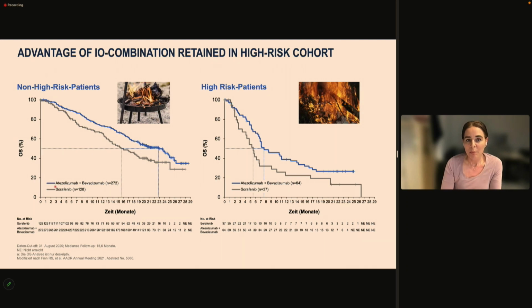If you do a post-hoc analysis of this trial and look at the non-high-risk patients versus the high-risk patients, you can see that the curves are separating in both groups quite similarly. So this means that the benefit is actually retained in the high-risk patient subgroup. However, the median overall survival is shorter, but this has to be expected because this is simply a high-risk subgroup.